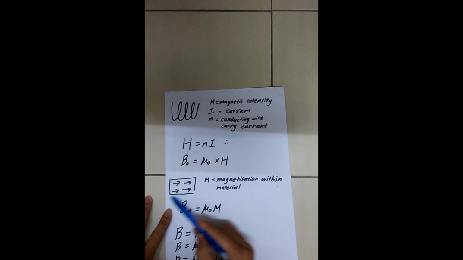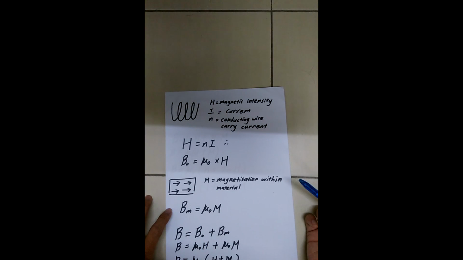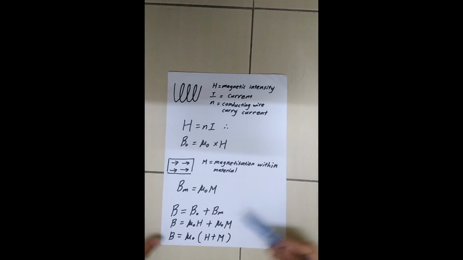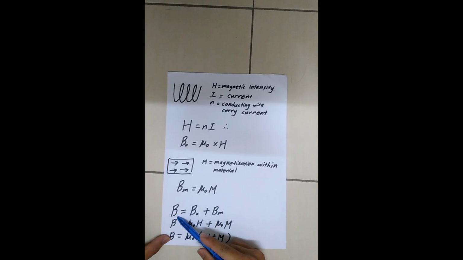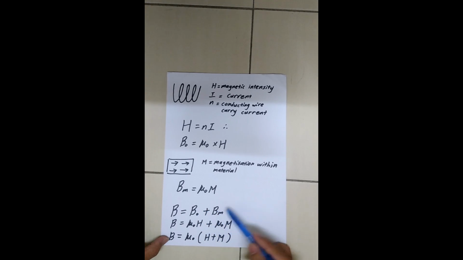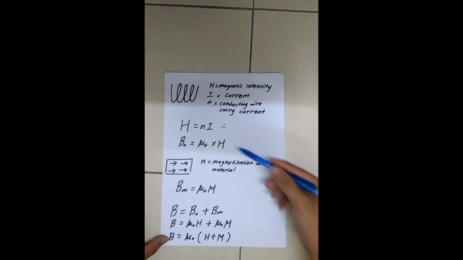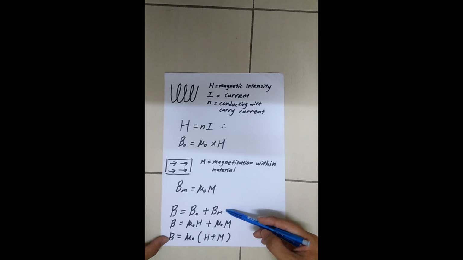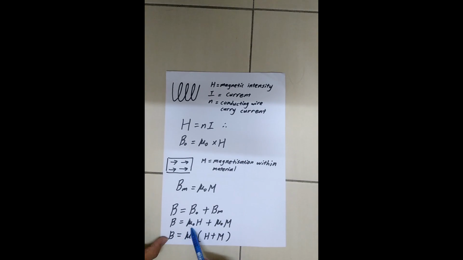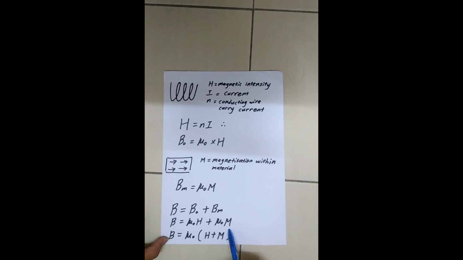Therefore, we have Bm equal to mu naught times M. B represents the total magnetic field and is the sum of the magnetic intensity within the wire and the magnetization within the material. So when we take the two equations above, this Bm and this B naught, and substitute them into this equation, we get B equal to mu naught H plus mu naught M. When mu naught is factorized, B equals mu naught times H plus M.